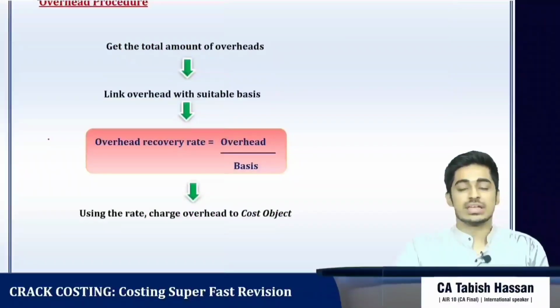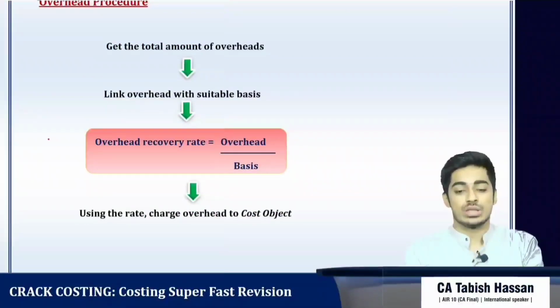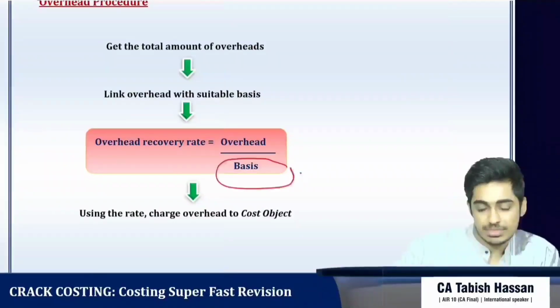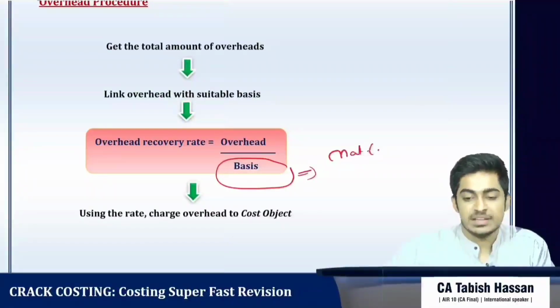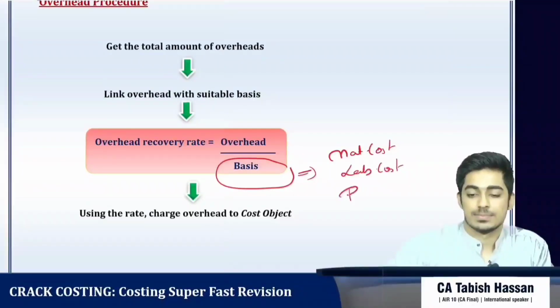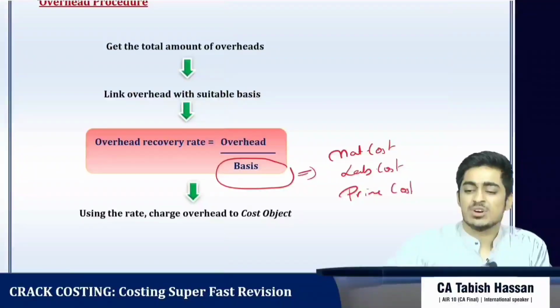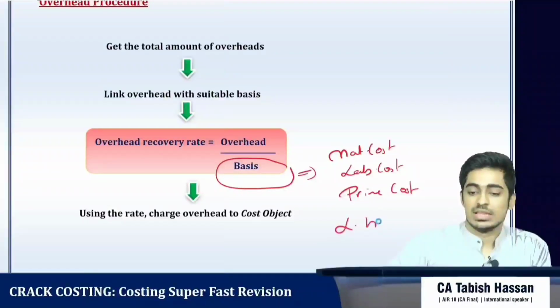And based on that, we'll have to charge the overheads to the cost object. The basis generally used could be material cost, labor cost, prime cost, labor hours, or machine hours.